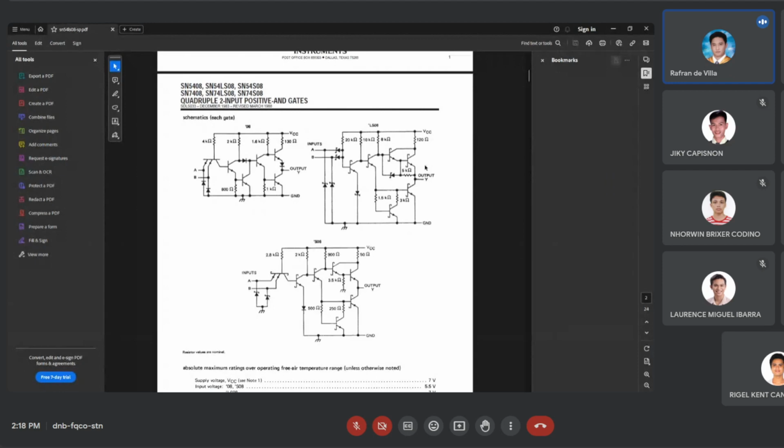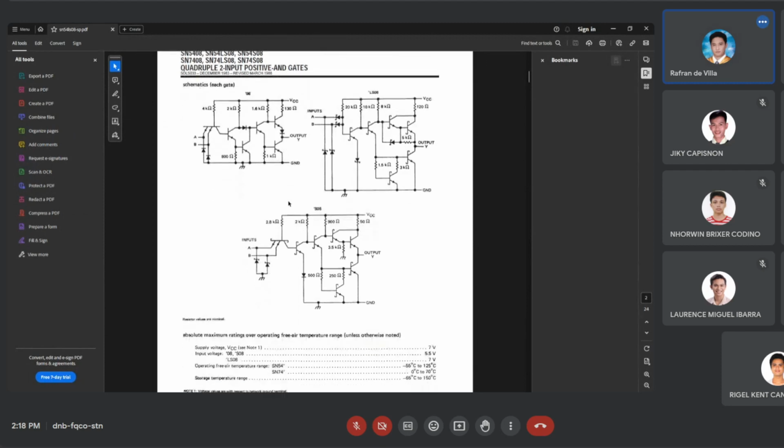This is the LS series, which uses Schottky technology. And you can see here, guys, the 7408 IC using BJT transistors.